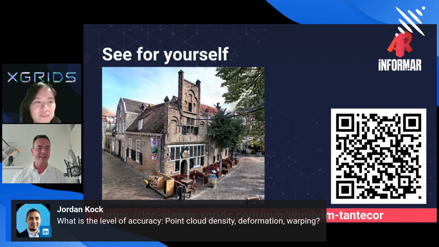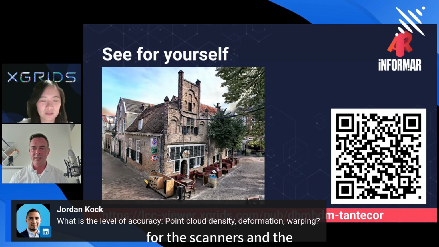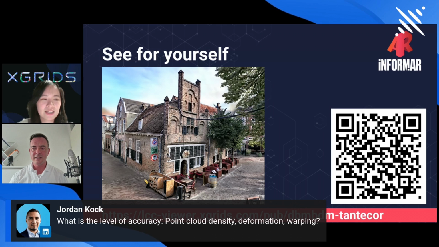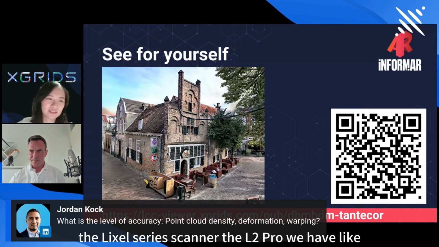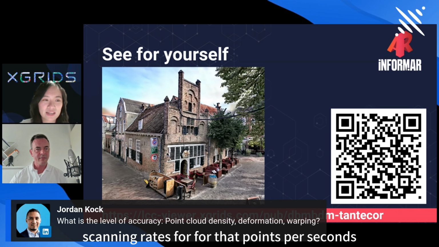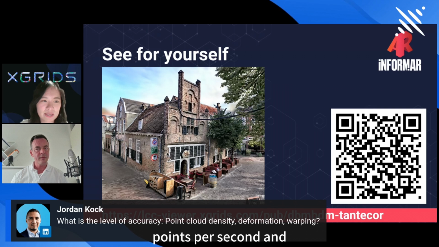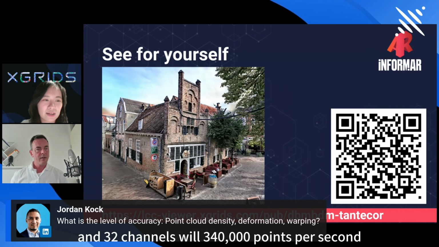I'm sorry. Yes, to answer this question, actually XGRIDS have different models for the scanners and the different point cloud outputs. The Alexo serial scanner, the L2 Pro, we have 16 channel and 32 channels. So they have different scanning rates in points per second. The 16 channels will have 320,000 points per second, and the 32 channels will have 340,000 points per second.